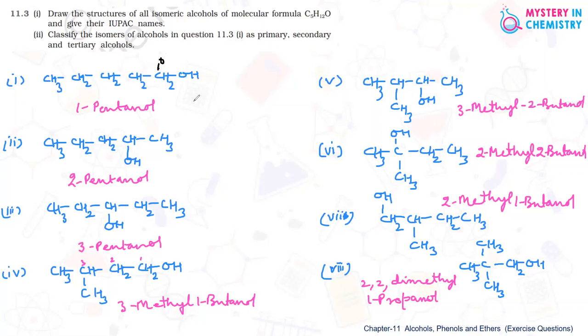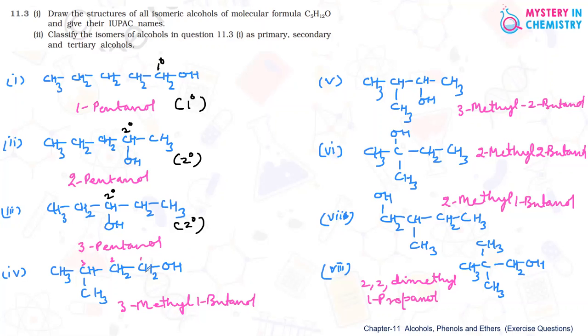So the alcohol is primary alcohol. And here this carbon is a secondary carbon, so this alcohol should be secondary alcohol. And here this carbon is again a secondary carbon, so this should be secondary alcohol.